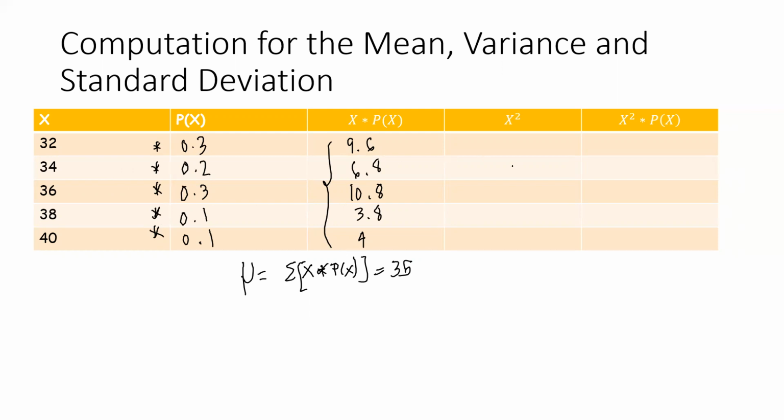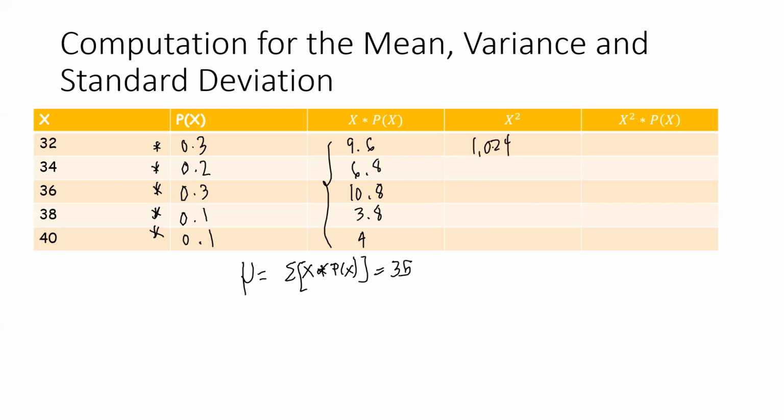Now, what are we going to do to find the variance? The first step is to find the x squared. So, what is 32 squared? When we say 32 squared, it's 32 times 32, so it will become 1024.